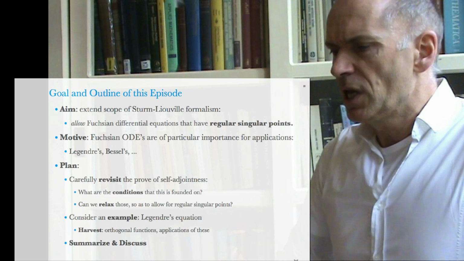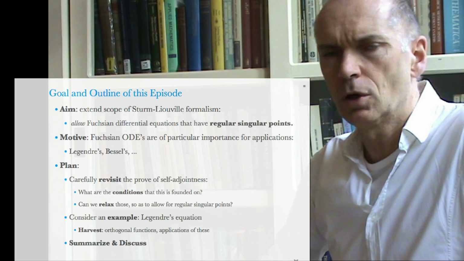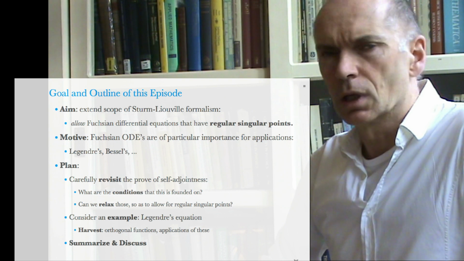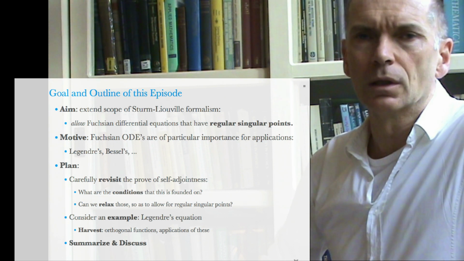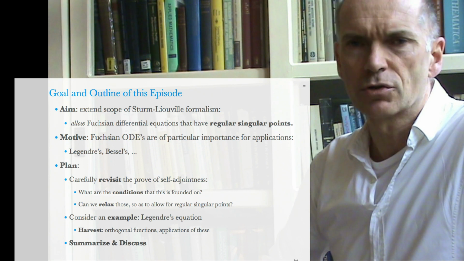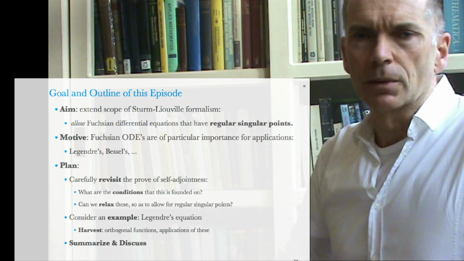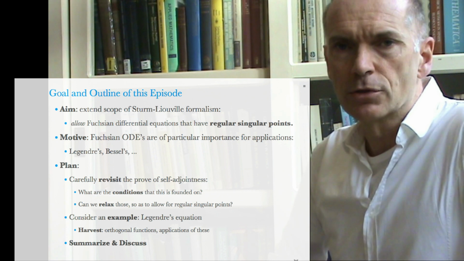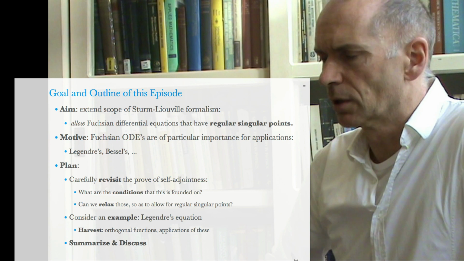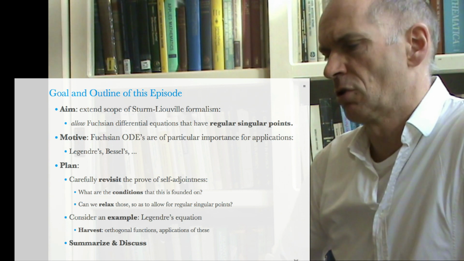Now, first of all, the aim of this episode, as I said, is to extend the scope of the Sturm-Liouville formalism, and especially to allow the differential operator that we are working with to be a Fuchsian differential equation that has regular singular points. If you think back to chapter 5, when we were working on Frobenius theory, those differential equations were the center of focus, and the reason is that they are very important for practical applications.